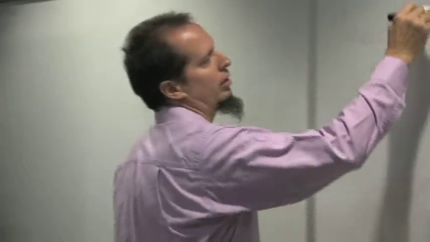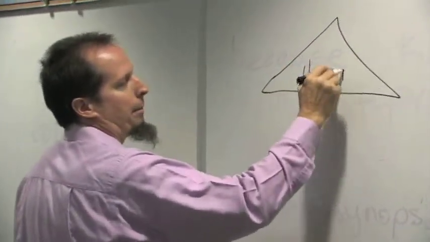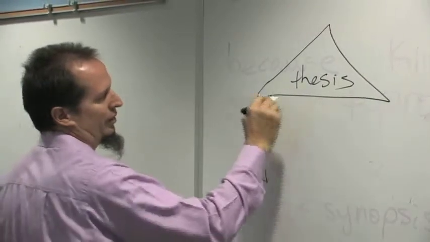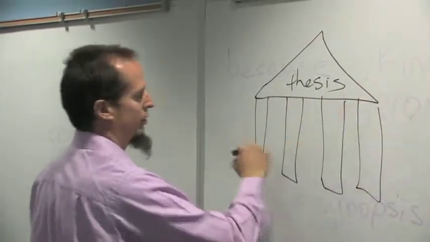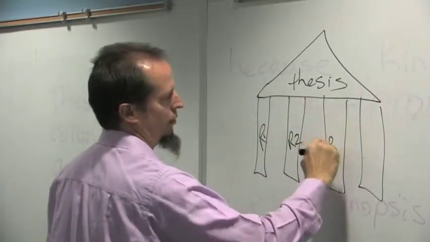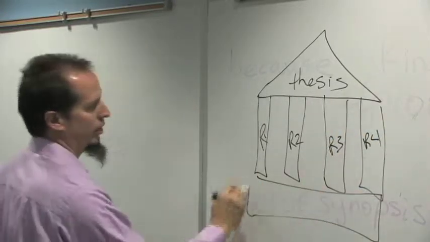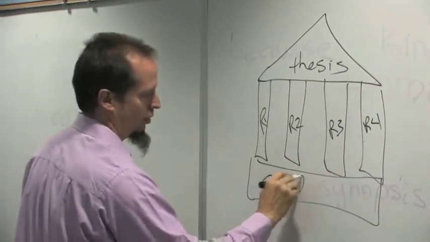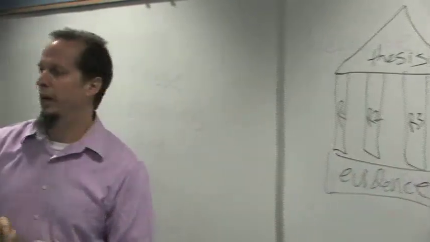I'm going to draw this really bad drawing that I'm terrible at. Your reasons are the columns. And down here you've got your evidence or your data or your facts.